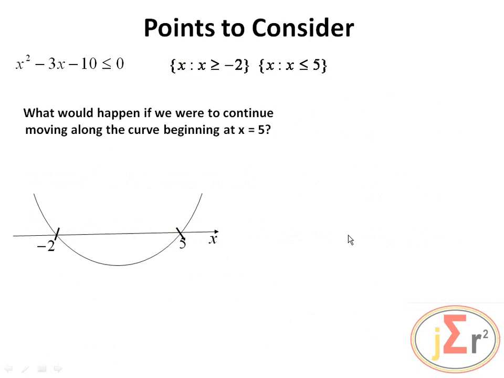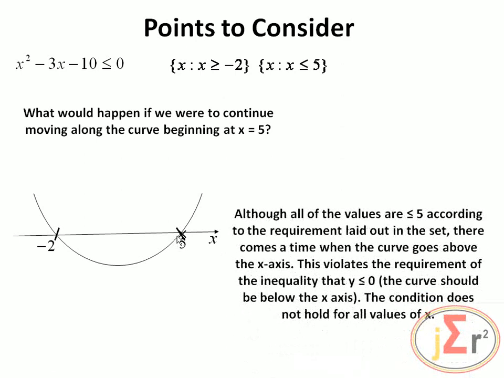What would happen if we were to continue moving along the curve beginning at x equal to 5? What will happen if we continue to move along the curve? Although all of the values are less than 5 according to the requirement laid out in the set, there comes a time when the curve goes above the x-axis.